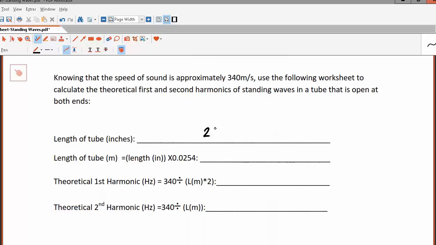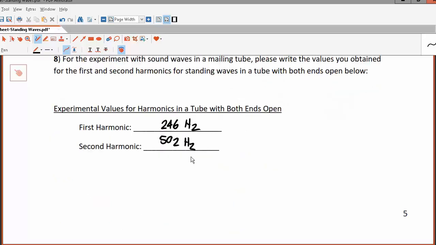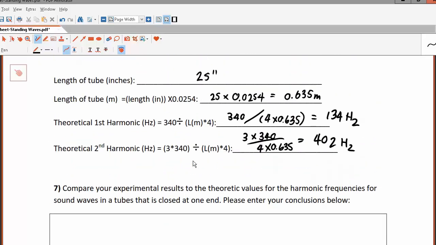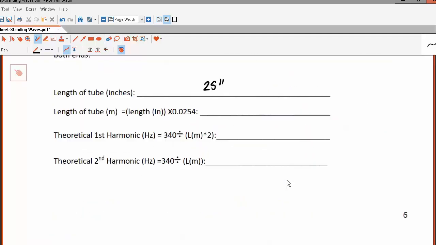The tube was 25 inches as before, and we can use the result here for the length of the tube, which is 0.635 meters. The theoretical value for the first harmonic is going to equal 340 divided by twice the length.